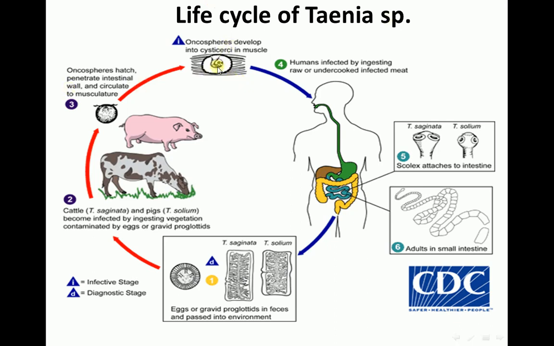Larval stage, cysticercus, is a bladder filled with fluid. After ingestion, the scolex moves from the bladder form to outside this bladder by the process of evagination.